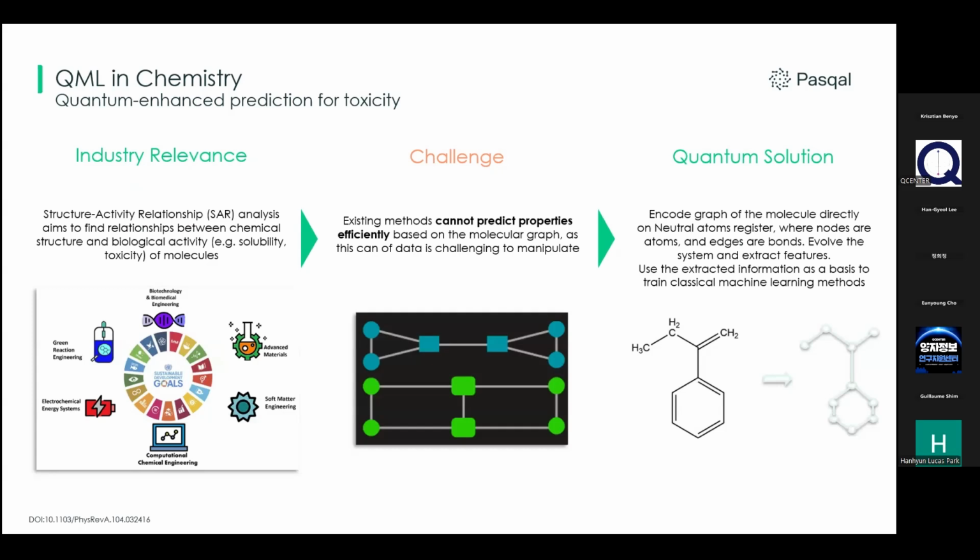Whenever you're dealing with molecules or molecular compounds, the geometric representation of said molecules, so typically how you will draw the molecules themselves, is actually a graph representation of the actual molecule.